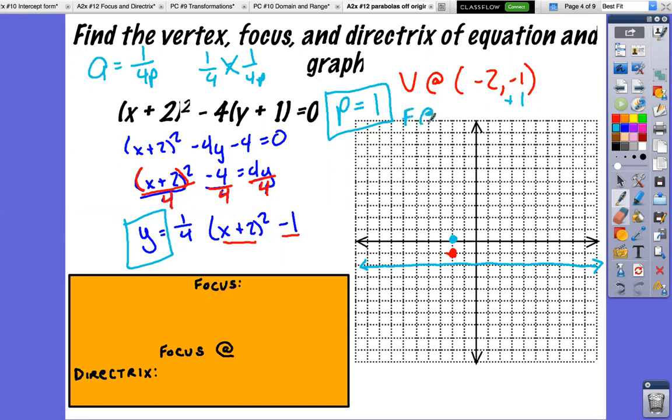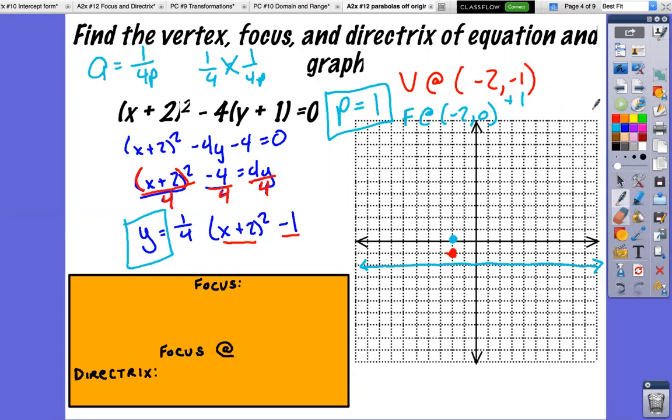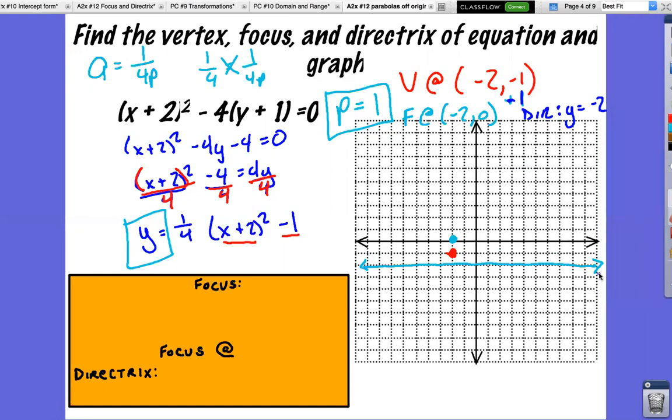So your focus would have to be at -2, 0. Your directrix, you subtract the p value from the appropriate coordinate. So for the directrix, again, it's y equals, so it's going to be y equals. Here I would subtract 1 from my y value. -1 minus 1 is -2. We've got it all down. Any questions so far?